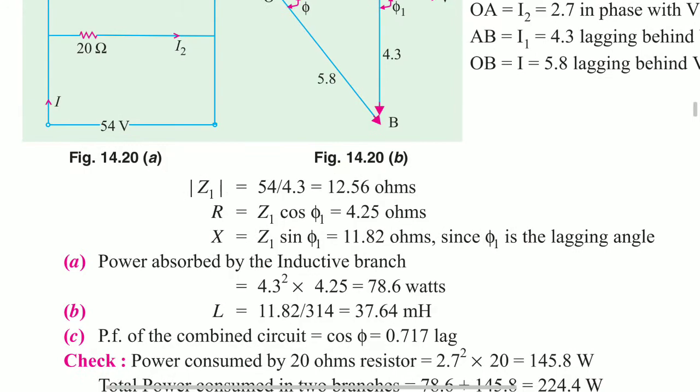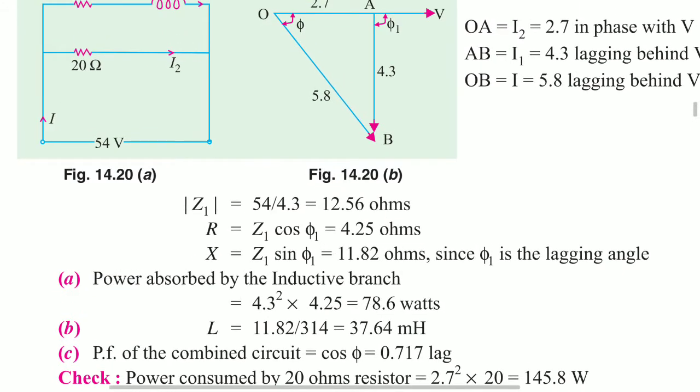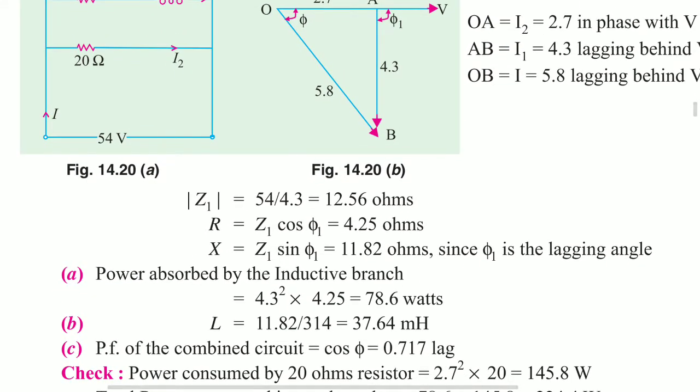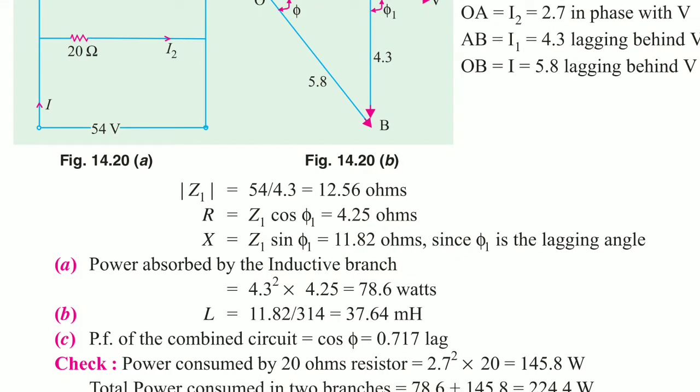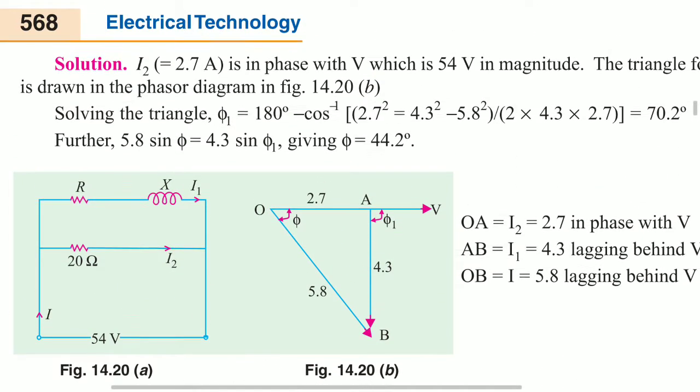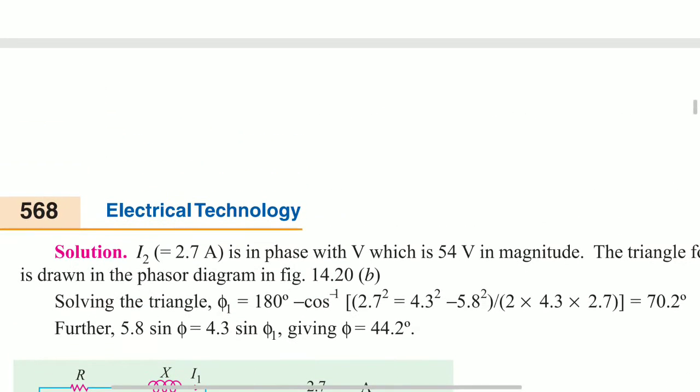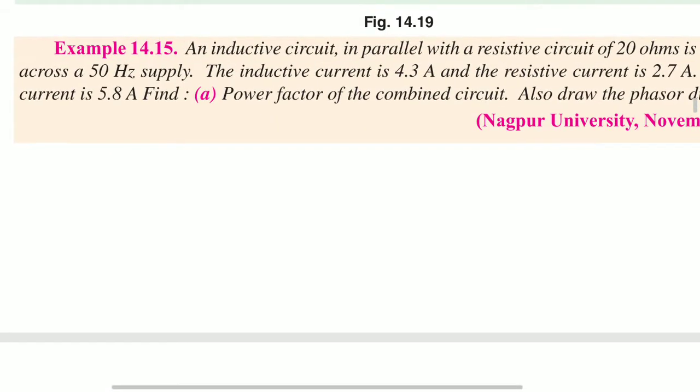Now, what is the L value? In general, XL is equal to 2 pi F L. So L is equal to XL by 2 pi F. Here the frequency is 50 hertz.